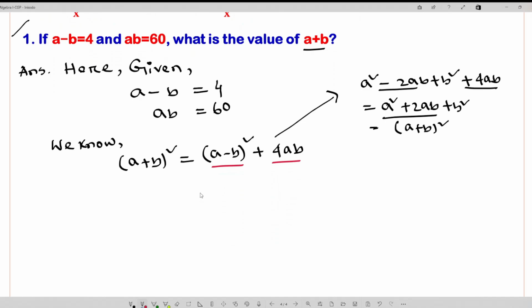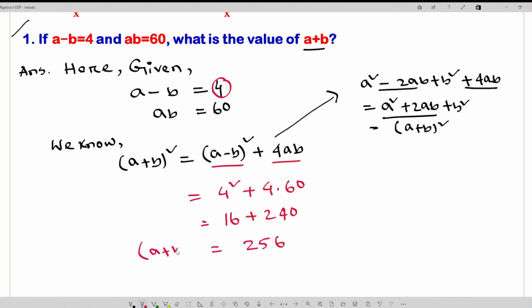Now we just put the value. Look, a minus b means 4, so 4 square plus 4 times ab, which means 60, right? Now here is 16 plus 240, so here is 256. A plus b whole square equals 256, but we need the value of a plus b.